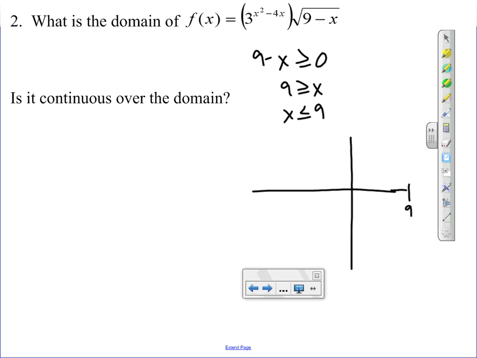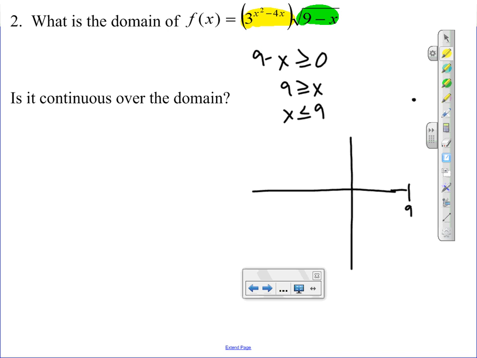We're going to get 9 squared, which is 81, minus 4 times 9, which is 36. So 81 minus 36 is 3 to a really big power. It's going to be really large. And as the values get smaller, what is it going to look like? Well, do we really want to go through that? What type of functions are these? We have a combination here: a root function and a power function.